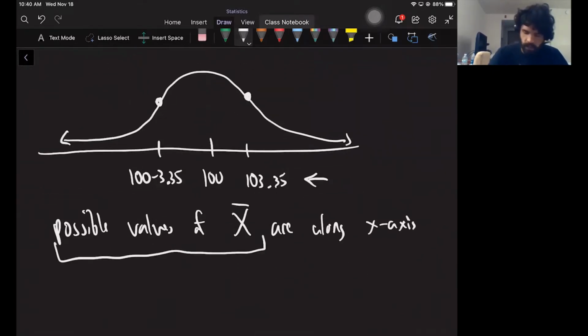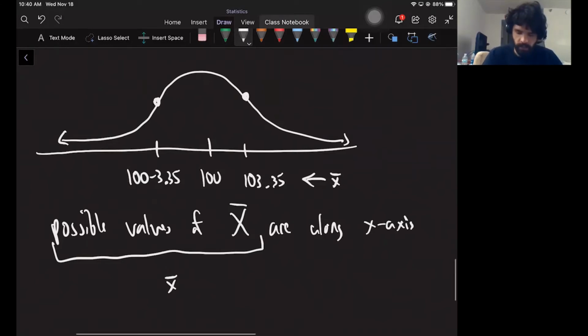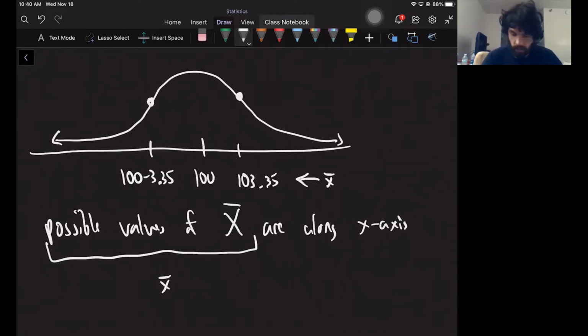Because remember, possible values of big X is called little x. So little x are these numbers along the x-axis, and they appear with probability according to the bell curve is the idea.